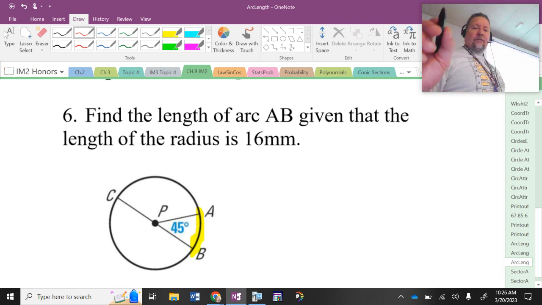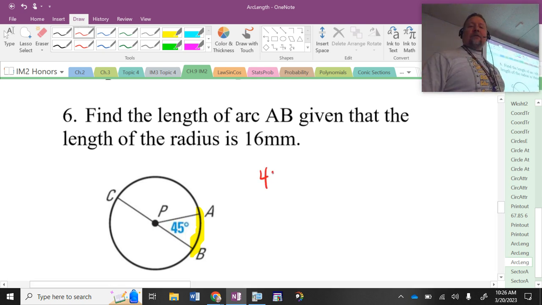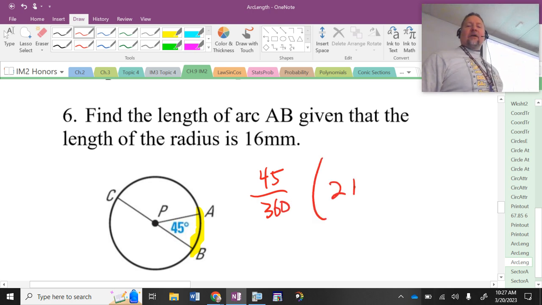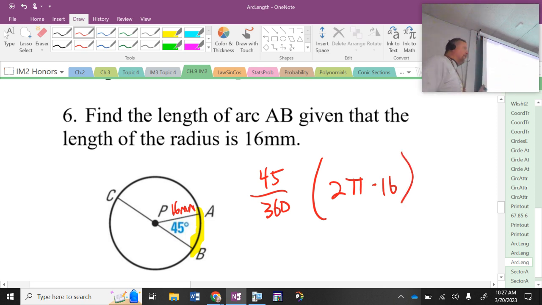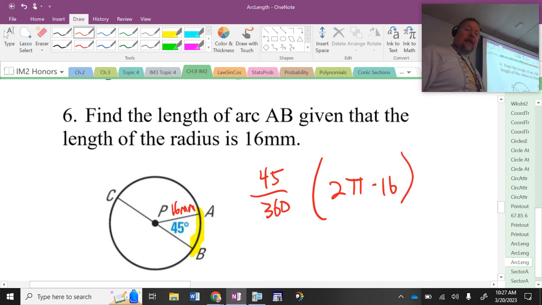So this is 45/360ths of the circumference. It does give me the radius is 16 millimeters, so I get to plug in 16. And then at the end, we'll put millimeters because you're an ant walking on this.